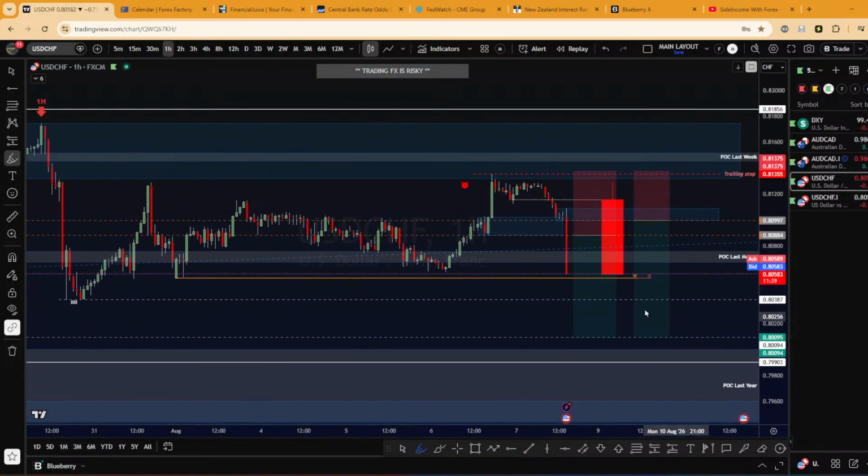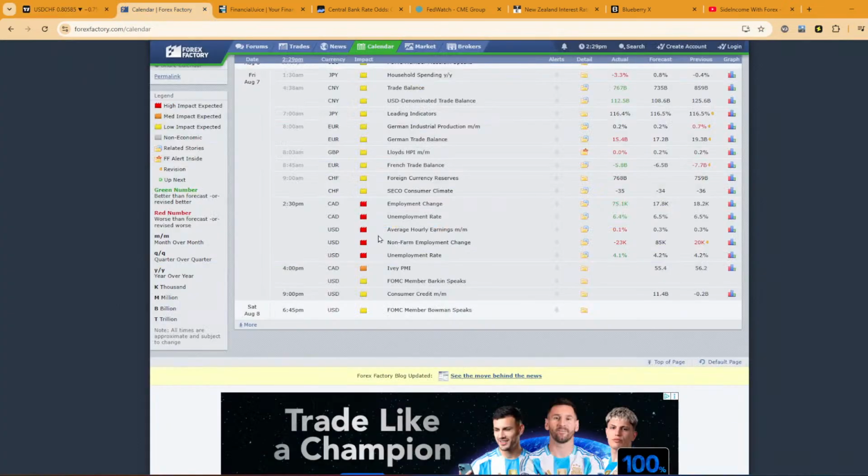But one thing is sure: the NFP report came out very weak. You see, down 23,000 jobs. I mean, 23,000 jobs lost, which is much worse than expected. We expected 85,000, and we even have a revision from last month to the downside.